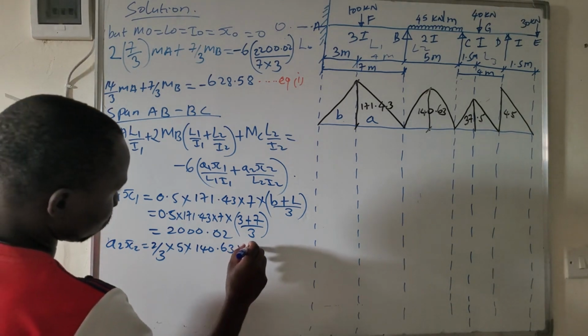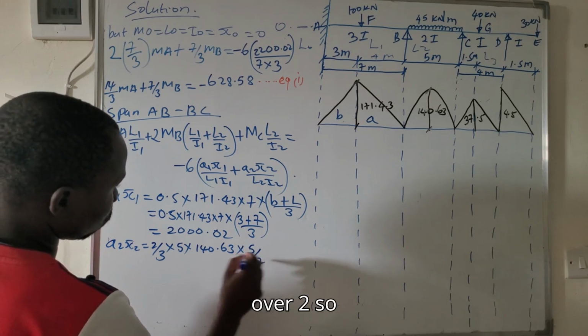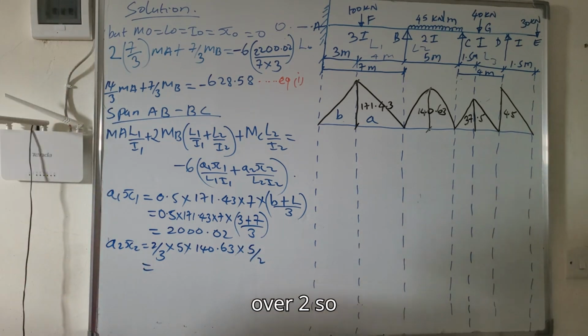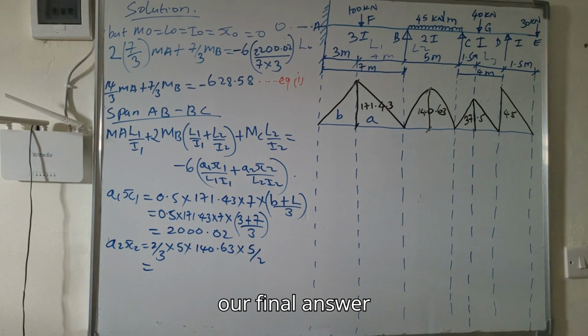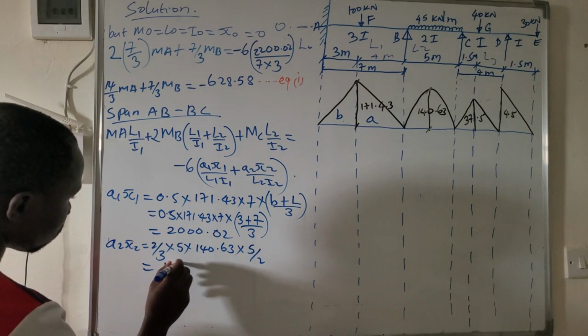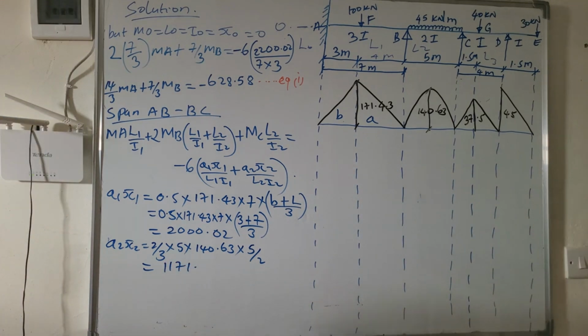So this is 5 over 2. So our final answer will be 1171.92, like that.